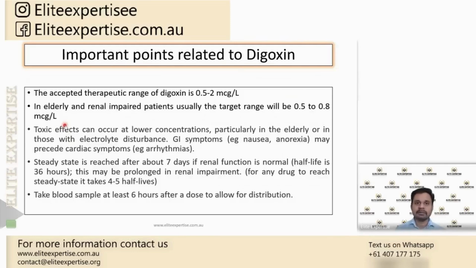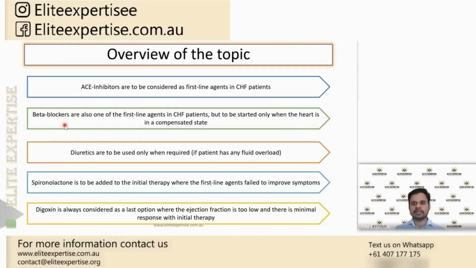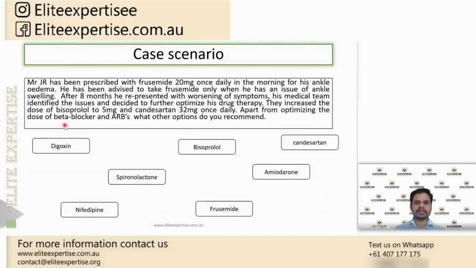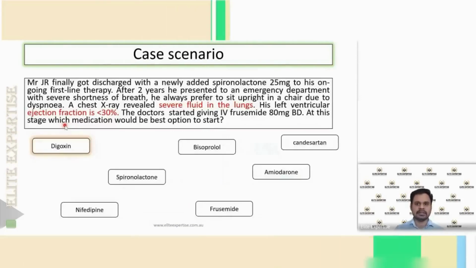If it is per ml, then it will be more toxic. It would already have reached severe toxic levels. So the concentration is 0.5 to 0.8 micrograms per liter, and the first statement is incorrect.